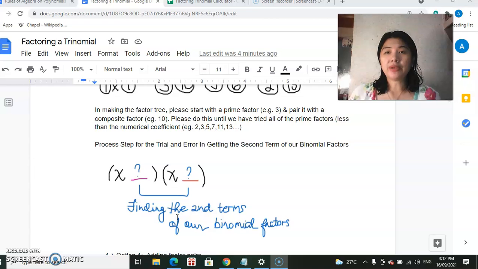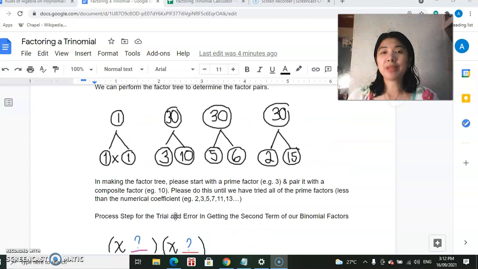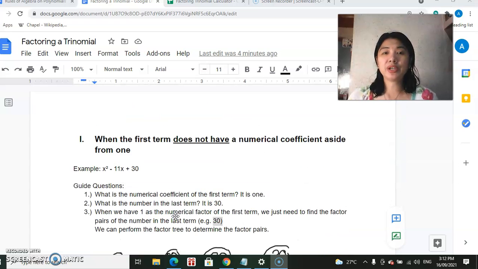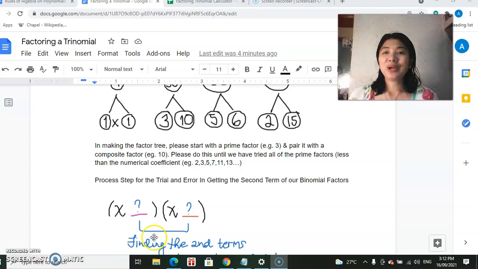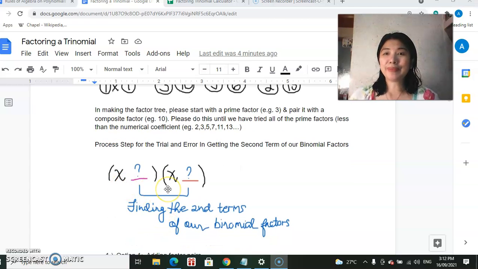Now we go to the process for the trial and error in getting the second term of the binomial factors. Because there is no numerical coefficient aside from 1 for the first term, the numerical coefficients of the first terms are 1 and 1.